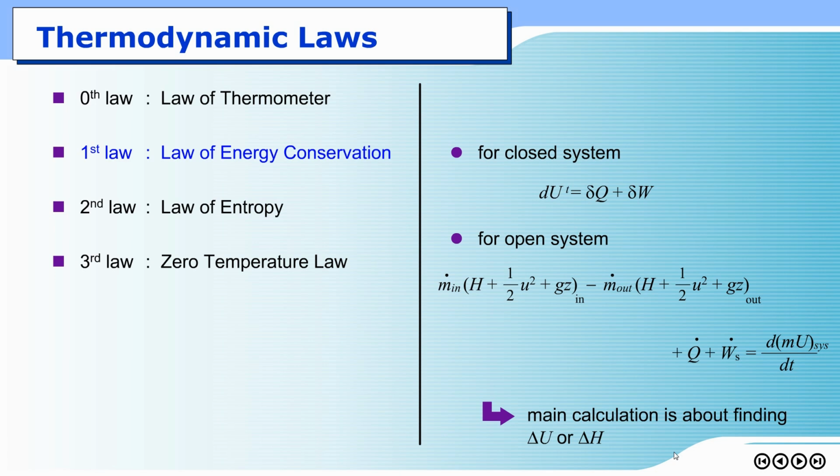But in order to calculate delta U and delta H, we have to use what we learned in chapter 3 to convert these variables into what we can measure: temperature, volume, and pressure, which is basically the application of equation of state discussed in lecture 3.